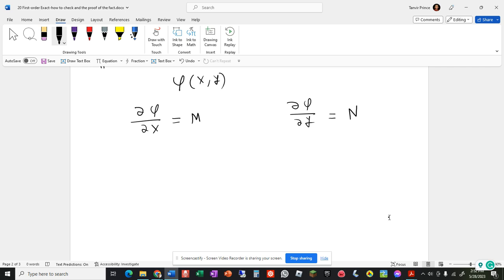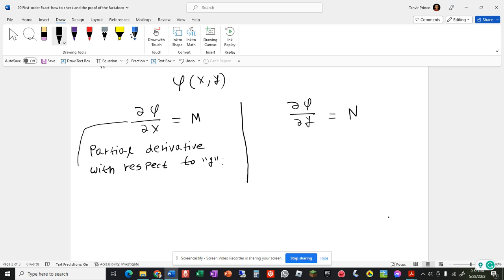From the first equation, let's take the partial derivative of both sides with respect to y.